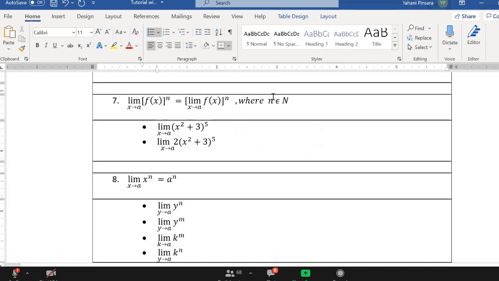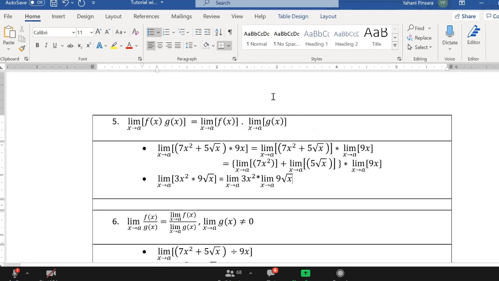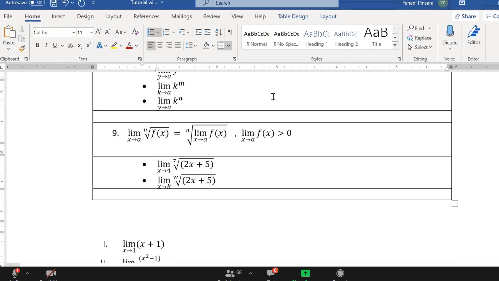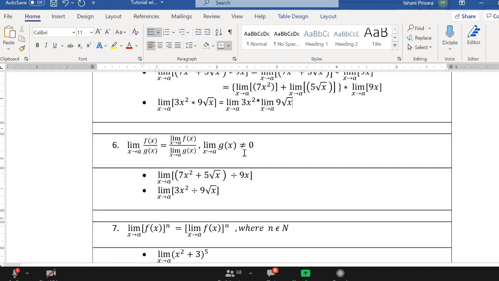Then let's move on to the sixth rule. I think you can do this sixth rule as well. The same thing happens here. I'll explain it.